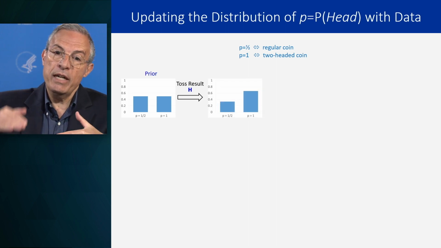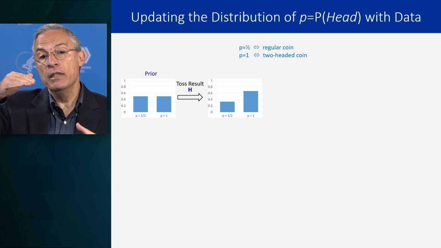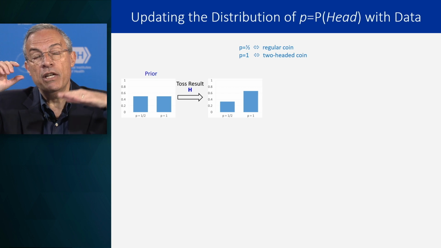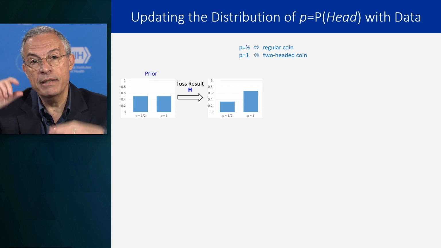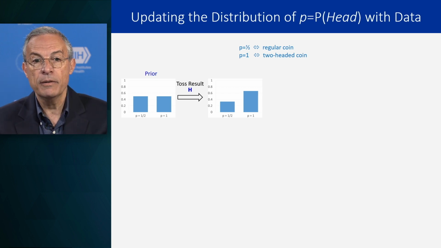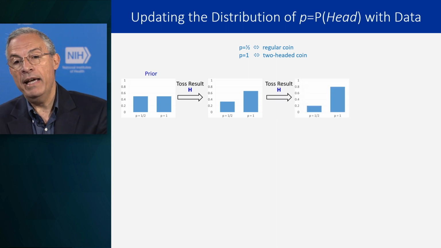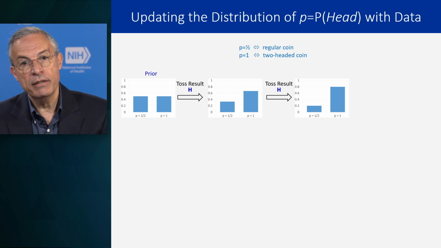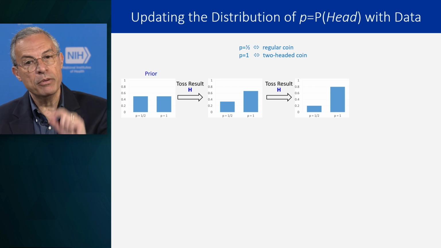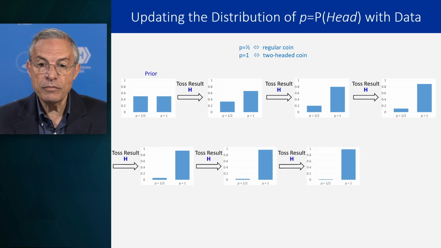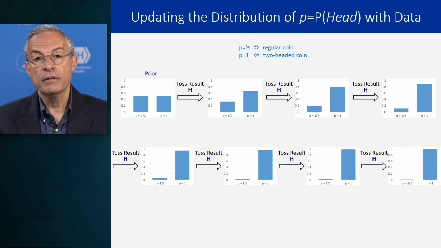So now the chance that it is the two-headed coin has just increased a little bit, and the chance that it is the regular coin has decreased a little bit with one toss. And then I toss again, and I get head, and I update. And it goes up. And again, 7 times.